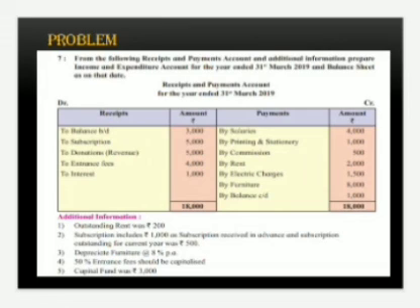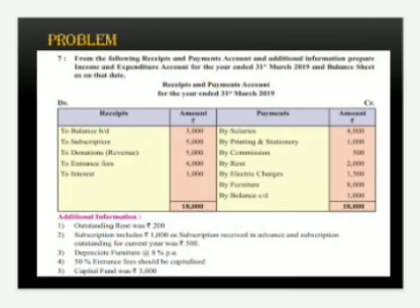See here, the receipts and payments account for the year ended 31st March 2019 is given. On the receipt side: to balance brought down 3,000, to subscription 5,000, to donations revenue 5,000, to entrance fees 4,000, and to interest received 1,000.